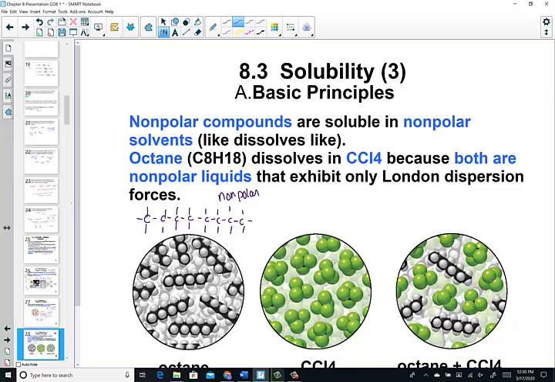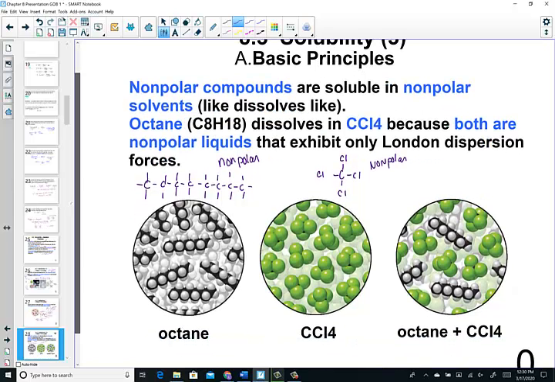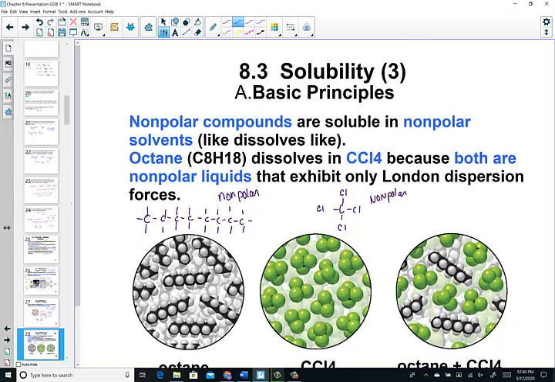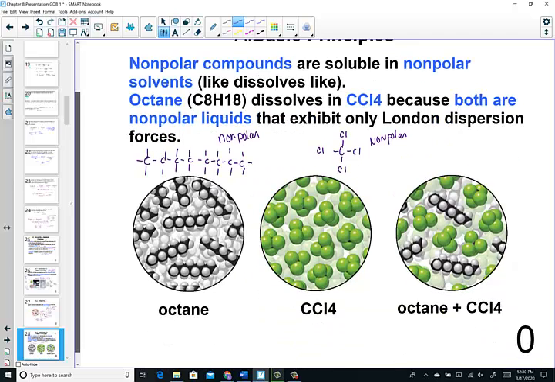Here you have carbon tetrachloride. Carbon in the center, 4 chlorines around. Carbon tetrachloride is also nonpolar. And when I place nonpolar in nonpolar, we get a homogeneous solution forming where the molecules are not attracted, they are not repelled, therefore they just blend uniformly together.